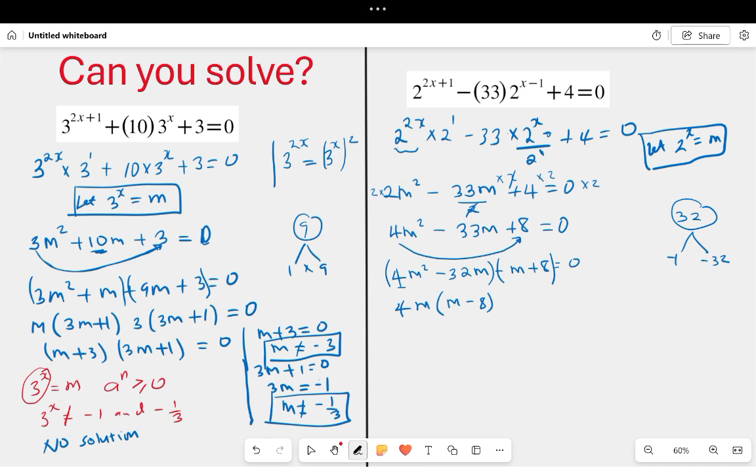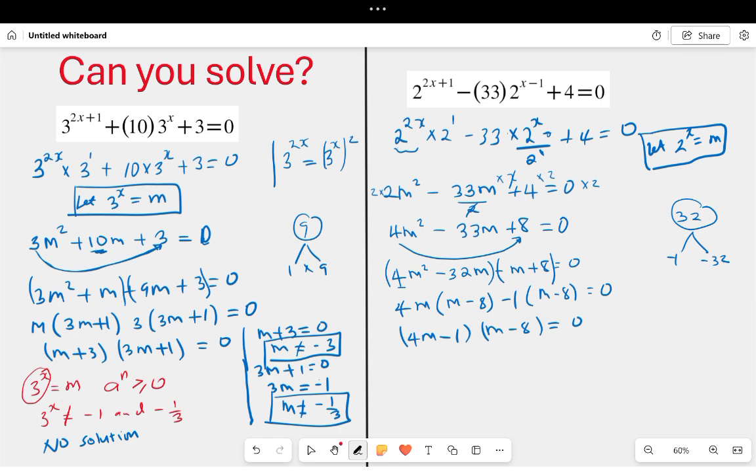What is common in the next bracket is negative 1 into brackets m minus 8, which is equal to 0. So 4m minus 1 and m minus 8 is equal to 0.